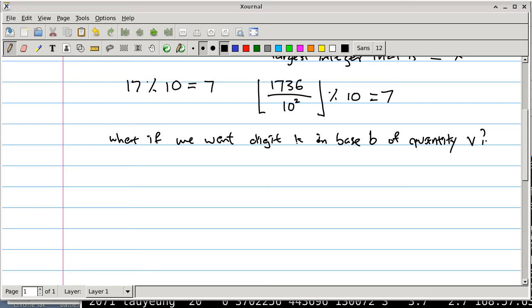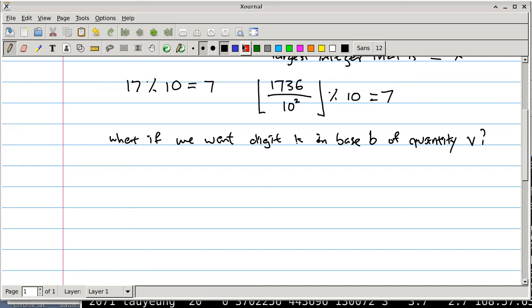Is that okay? So how would that expression look to extract that digit k in base b of a quantity v? You just take a look at what we have and say, oh, 1736 is v. 10 is our base. 2 is our k because we are extracting digit 2. Do we see how I'm doing all the substitutions?